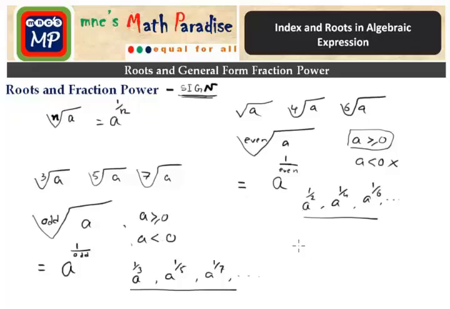That means minus 16 to the power 1 by 4 is not possible, but 16 to the power 1 by 4 is possible, but minus 32 to the power 1 by 5 and plus 32 to the power 1 by 5, both are possible.